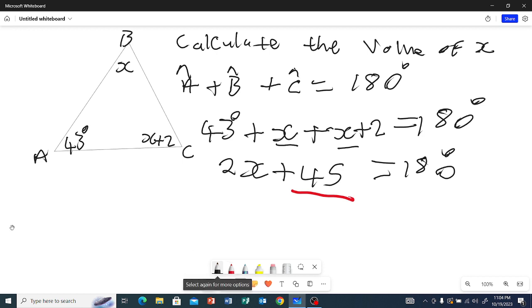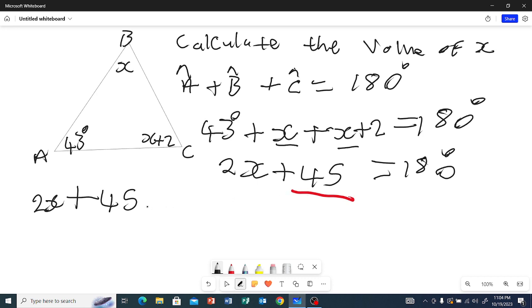So what do we do? We have 2x, we need a bigger space, hence I'm coming here. We need 2x plus 45. This is exactly what I see there above the red line.